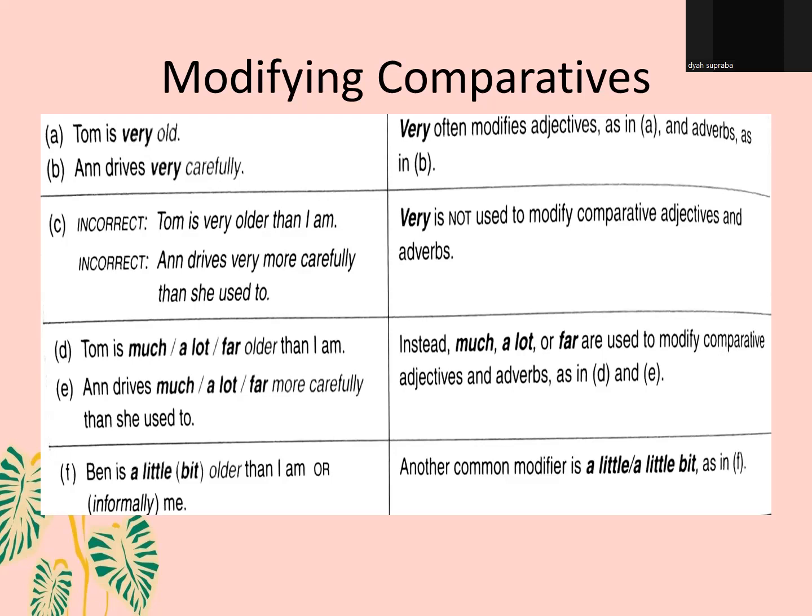For example, Tom is much older than I am. Jaehyun is much older than Jisung and drives a lot more carefully than she used to. We can also use the common modifier a little or a little bit. Ben is a little bit older than I am. Chandler is a little bit older than Jisung.